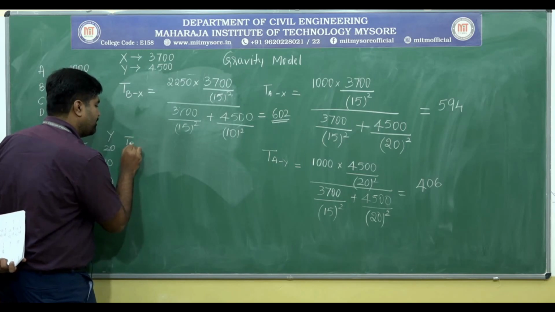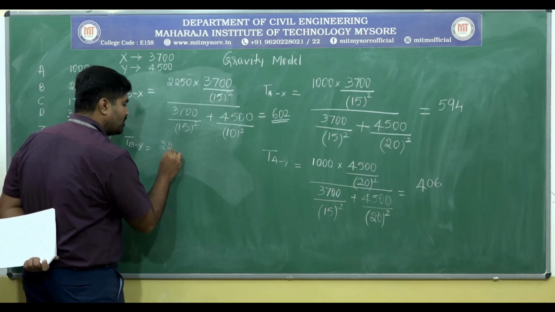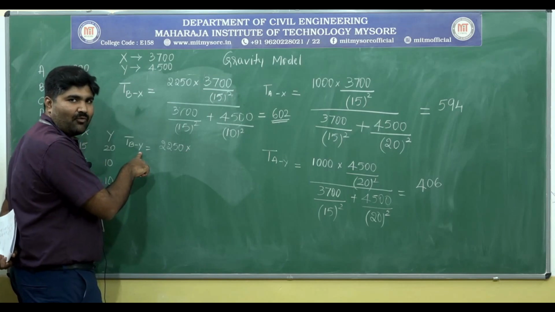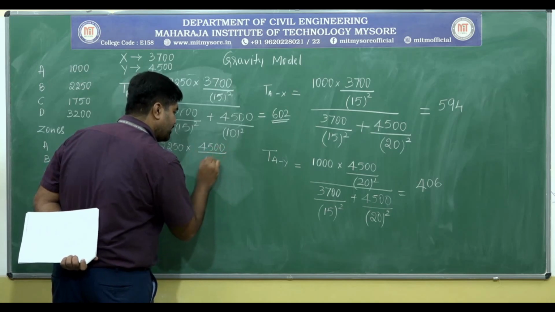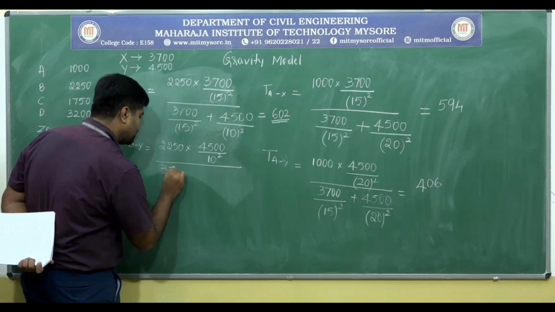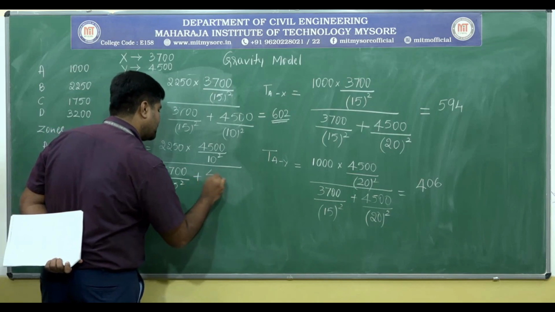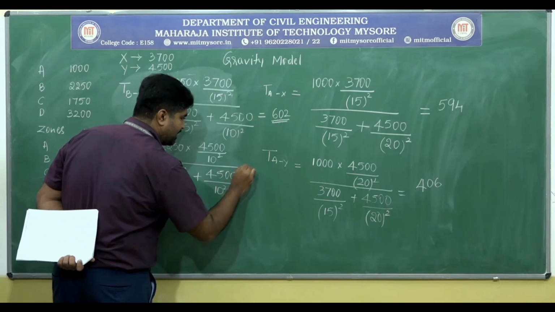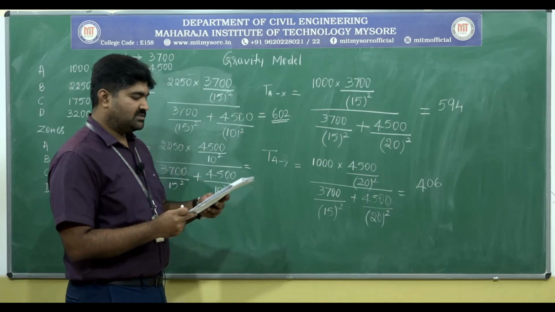Next, T B to Y. We know the trips generated is 2250, and it is attracting towards the industrial estate Y, that is 4500 divided by 10 square, multiplied by 3700 divided by 15 square plus 4500 divided by 10 square. I think you will get 1648.